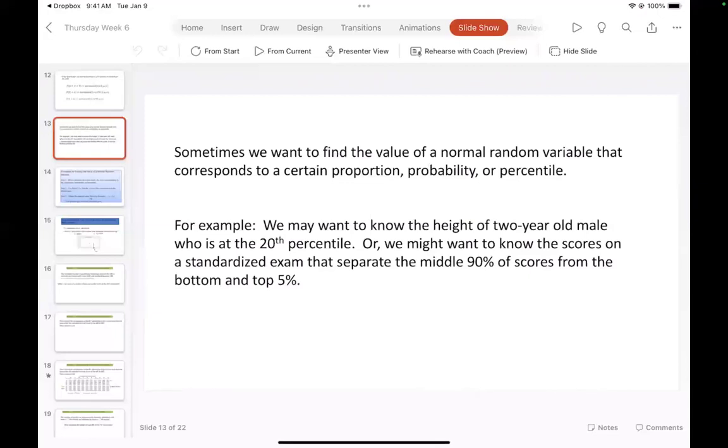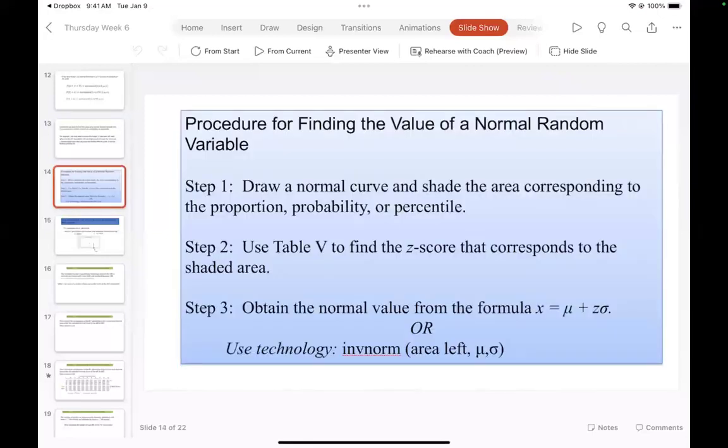I want to find that test score. Say you take standardized tests and you scored in the 85th percentile. If I know the mean and the standard deviation, I can calculate that score. So we use an inverse function. We use it backwards.